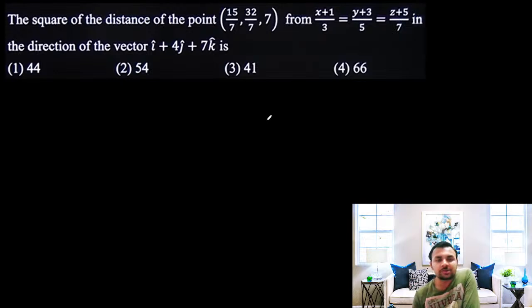So now in this question, the square of the distance of the point from this line in the direction of this vector. That means we have simply (x minus 15 by 7) upon 1. If we call it lambda, then lambda plus 15 by 7 will be lying on this line, and 4 lambda plus 32 by 7.